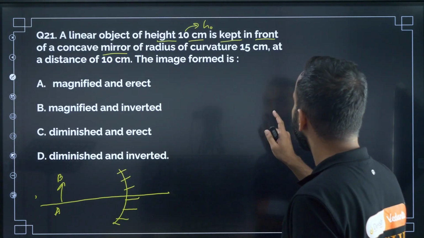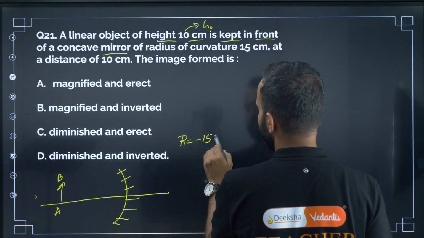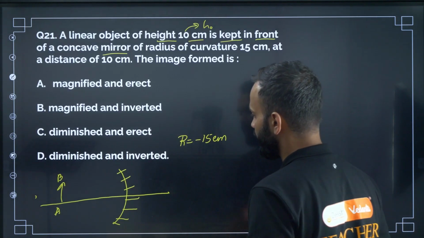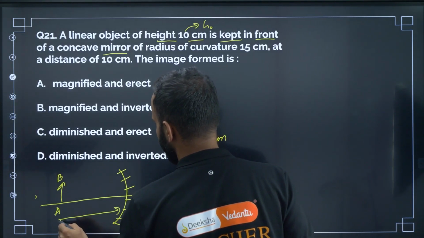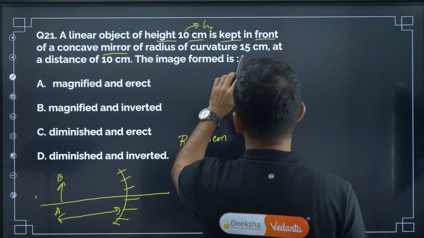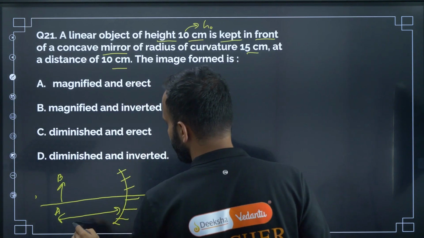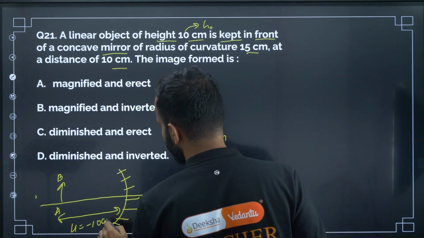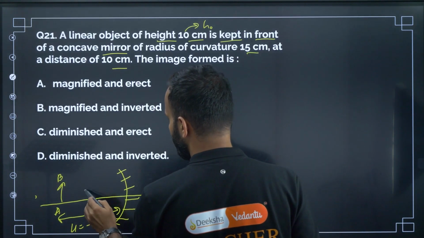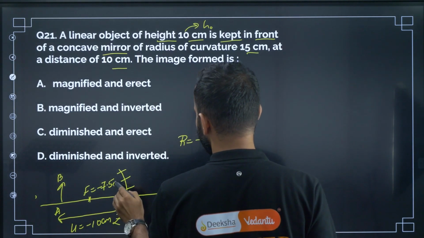The concave mirror has a radius of curvature of 15 centimeter, R equal to minus 15 centimeter, and the object is kept at a distance of 10 centimeter, that is u equal to minus 10 centimeter. Radius of curvature is minus 15 centimeter, so the focal length f must be equal to minus 7.5 centimeter.